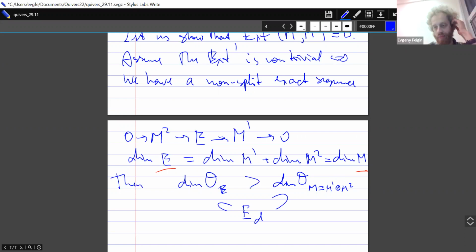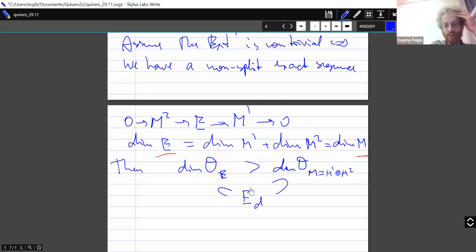I'm not sure if you remember, but this was one of our results when we were studying the representation space E_D and the action of the group. We proved that if you have a direct sum of two representations, and a non-split short exact sequence with the leftmost and rightmost terms being our summands, then the orbit of the non-trivial extension has dimension larger than that of the trivial extension.